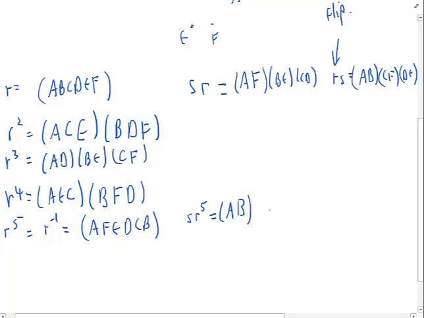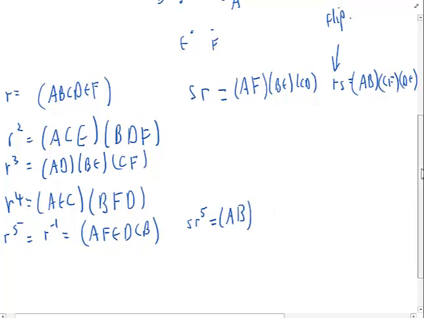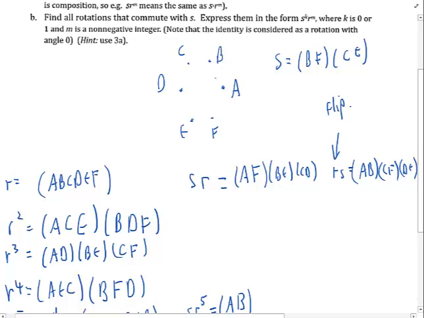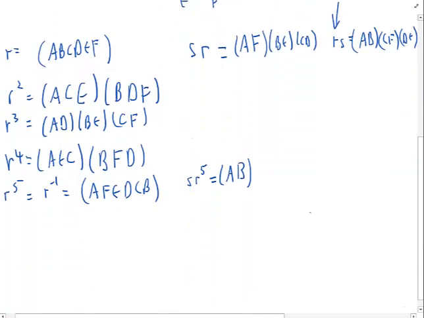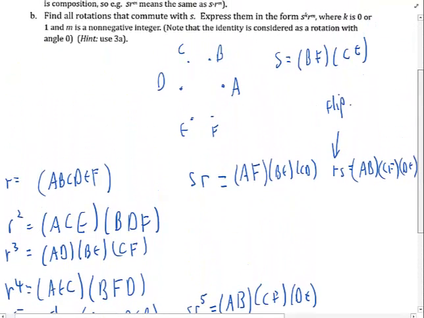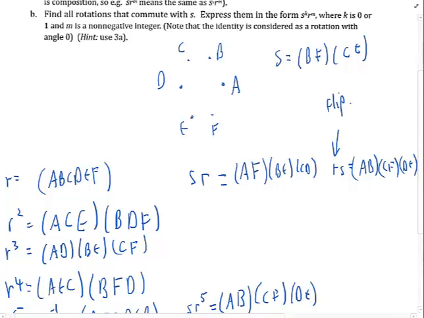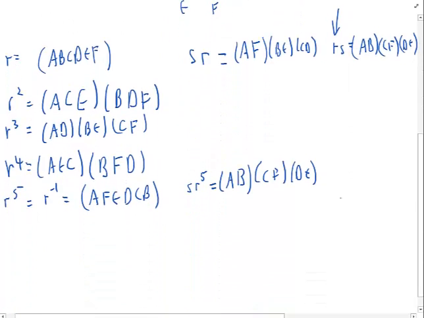Now, what flip takes A to B? It's the flip around the midpoint of the segment AB. So it's also going to take C to F and D to E. And you can notice something. SR to the fifth is the same thing as RS. Okay? SR to the fifth is equal to RS.